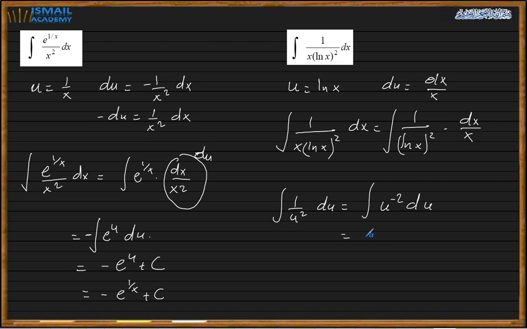And this is the same thing as u to the minus 2 plus 1 over minus 2 plus 1, which is minus 1, plus c. So it's the same thing as minus 1 over u plus c, because this is going to be u to the minus 1. And u is ln, so it will be minus 1 over ln of x plus c. And this will be your answer.